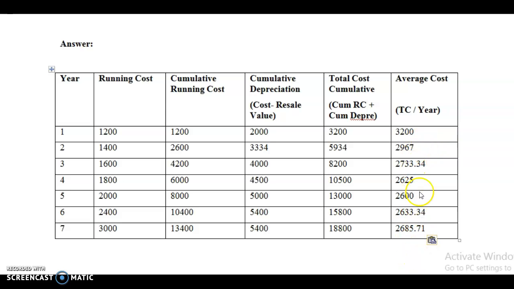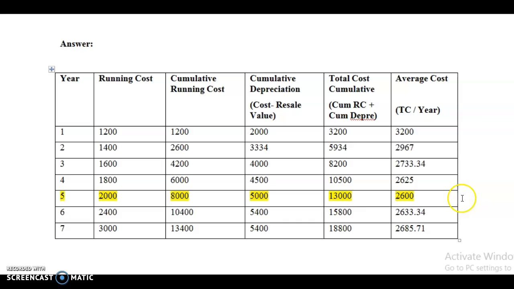After filling all the amounts in the average cost column, we have to examine the average cost column. Then we find that 2600 is the least cost.